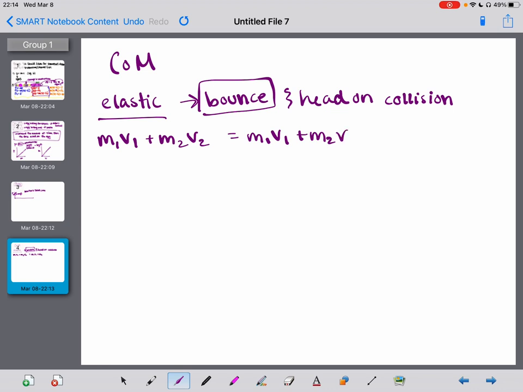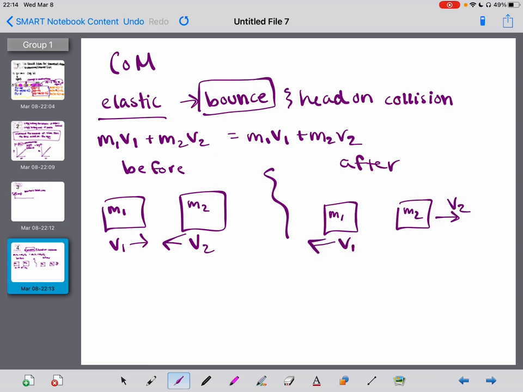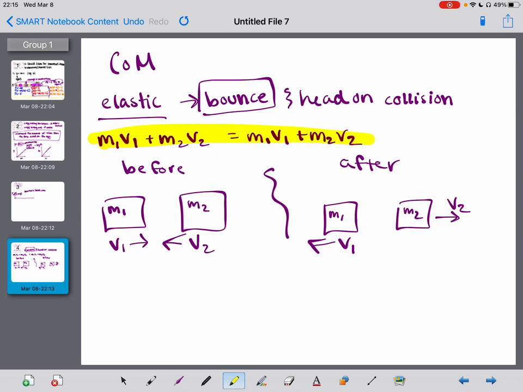Oops, m2v2. So if you recall, when we draw a diagram, we do the before, we do the after. So I'm always going to have m1, v1, m2, v2, and then m1, m2, v2, v1. The arrows really don't make a difference because I'm just making this up on the spot. But if you notice, I am creating this equation right here from the basic idea of P equals mv, and because I have a before and I have an after.